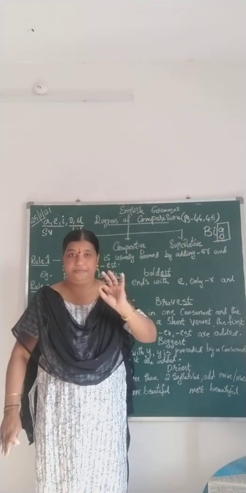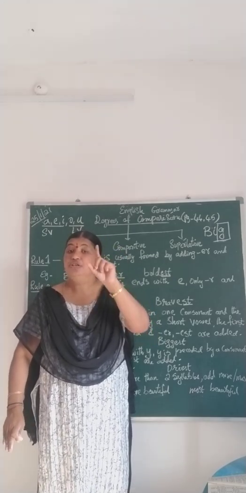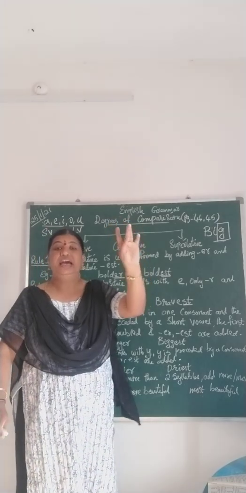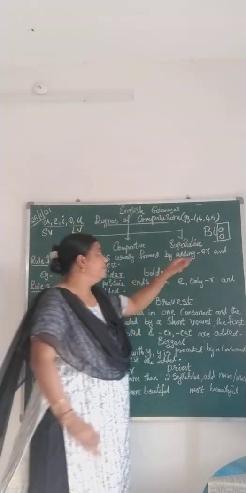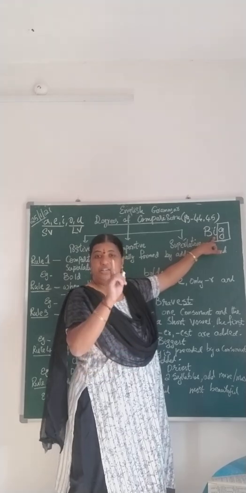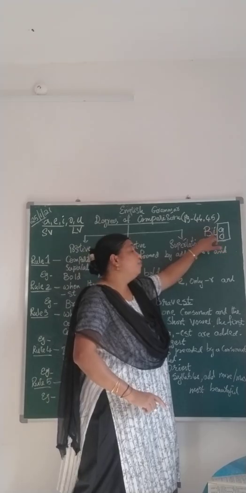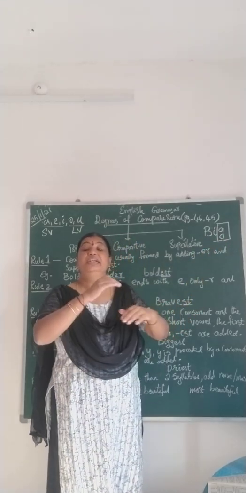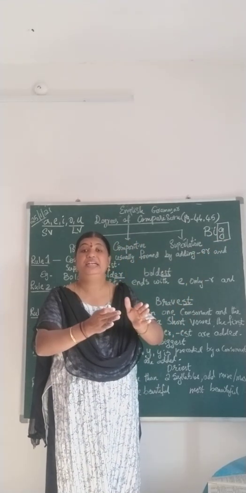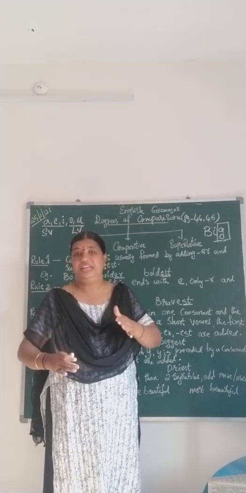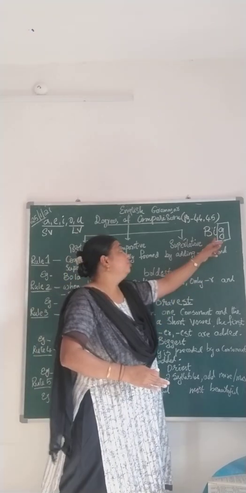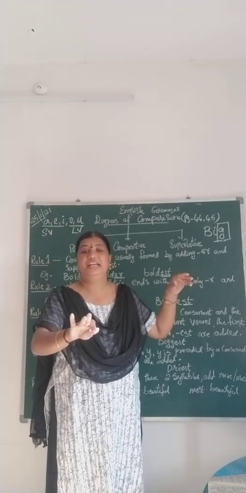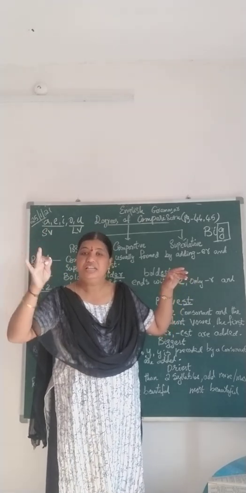It is I. And I is a short vowel. We have seen that A, E, I are short vowels. So what happens now? This G will be doubled in the comparative and superlative degree. And to that doubling, you will add ER to the comparative and EST to the superlative.